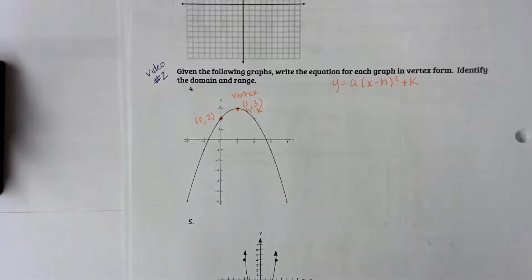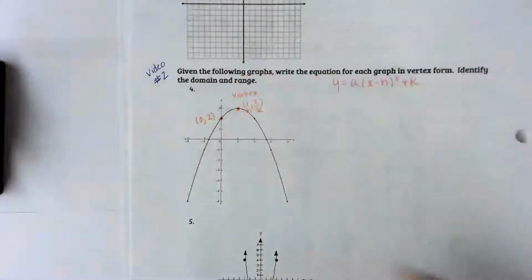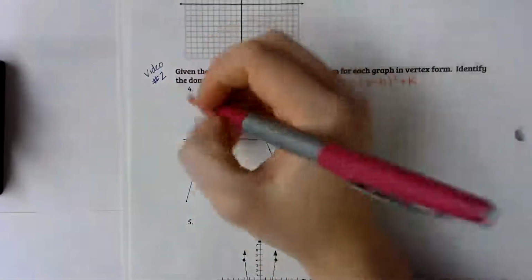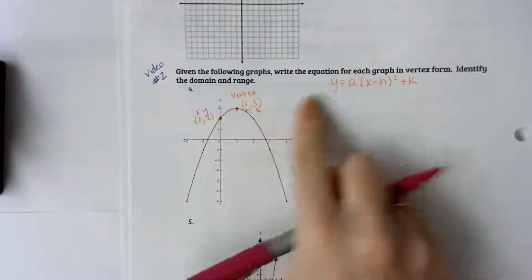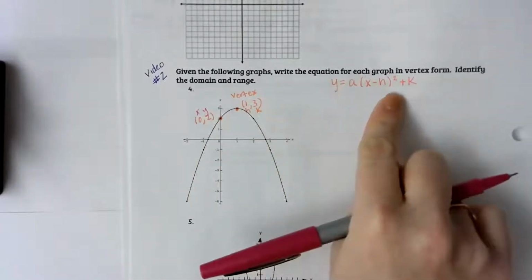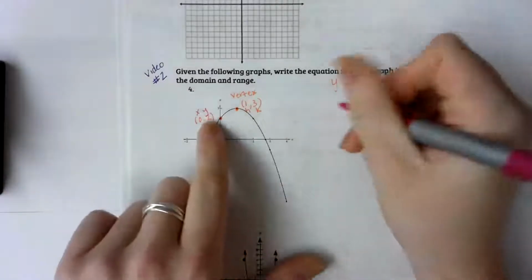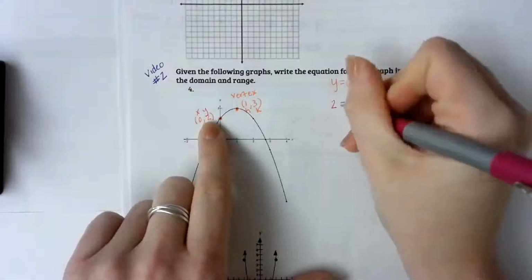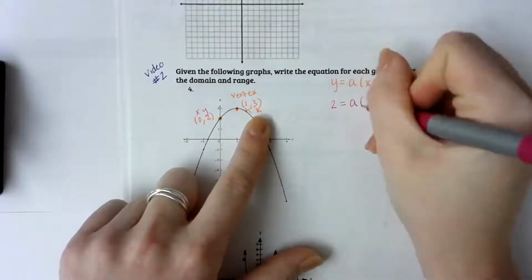Now what you're going to do is take those, and so this is going to be an x and your y. And you're going to plug all these into your equation over here. So y is 2 equals, now none of these is an a, so we're going to keep a what it is.